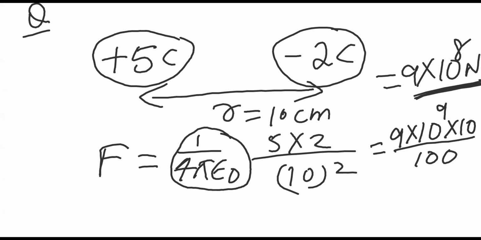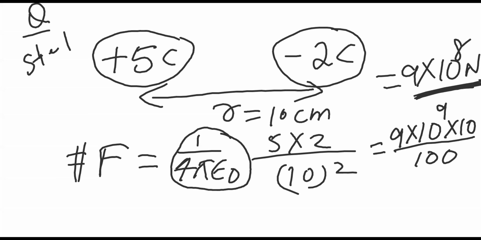Which formula am I applying? This is the electrostatic force between them, which is Q1 Q2 by R square, so 5 into 2 by distance square. So 9 into 10 to the power 8 is coming. Are you understanding this answer? This is step 1 we did.